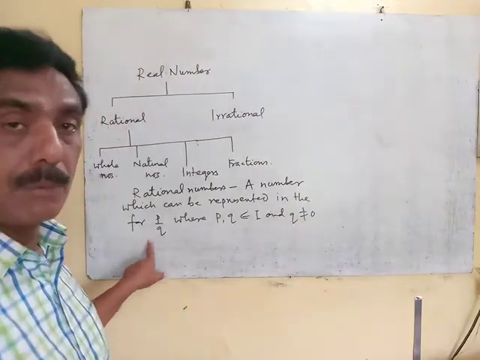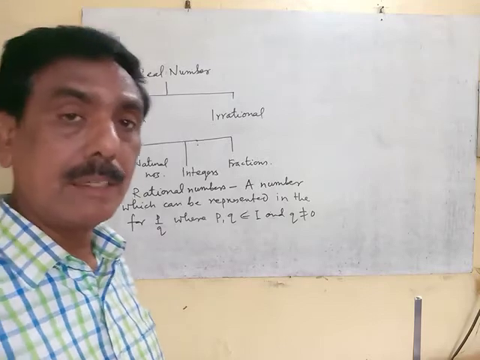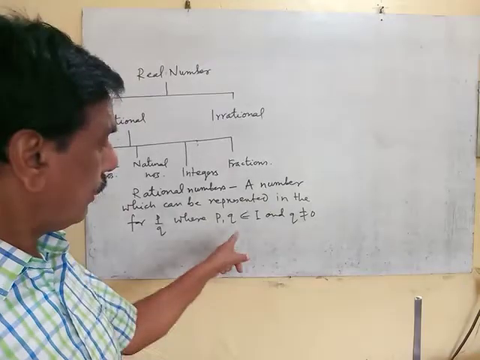Q can never be 0, because we cannot divide any number by 0. So this is one of the definitions.